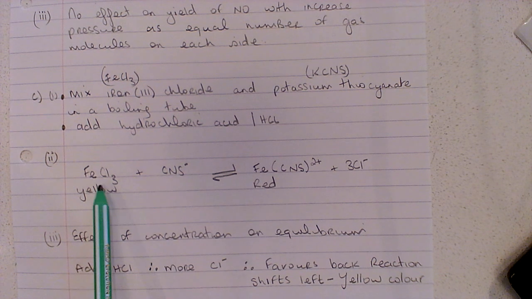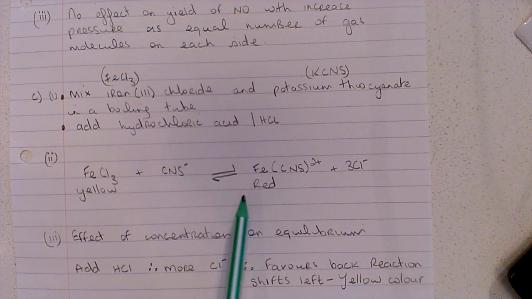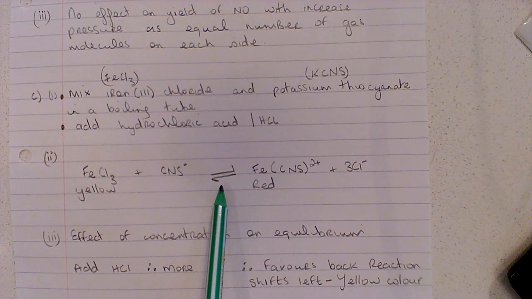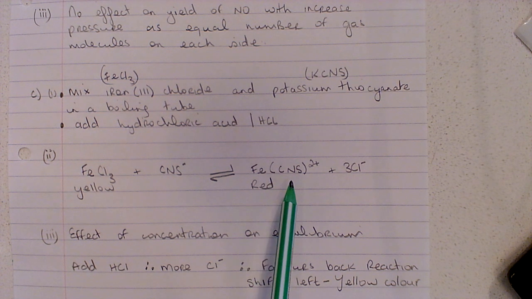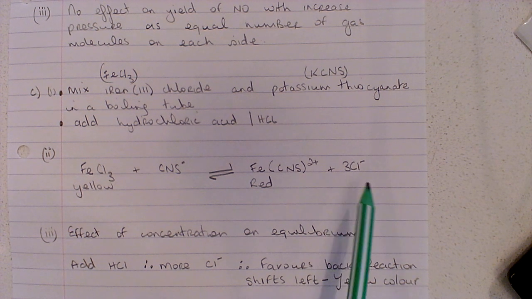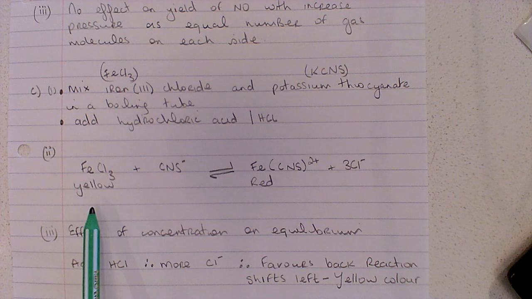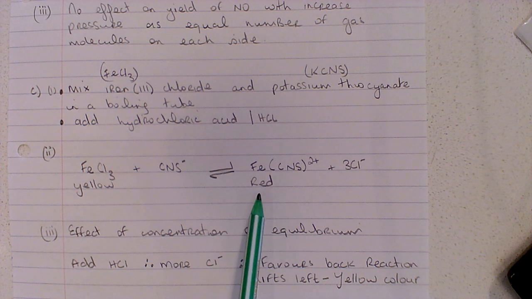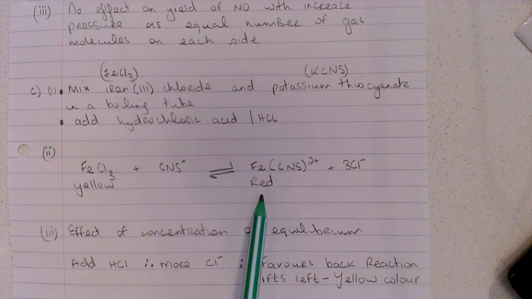So FeCl3 and CNS minus will establish equilibrium, and they're going to produce iron thiocyanate, FeCNS2 plus, and 3 chloride anions. Now, the iron chloride is a yellow colour when it's in solution, and the iron thiocyanate is going to be a red colour.